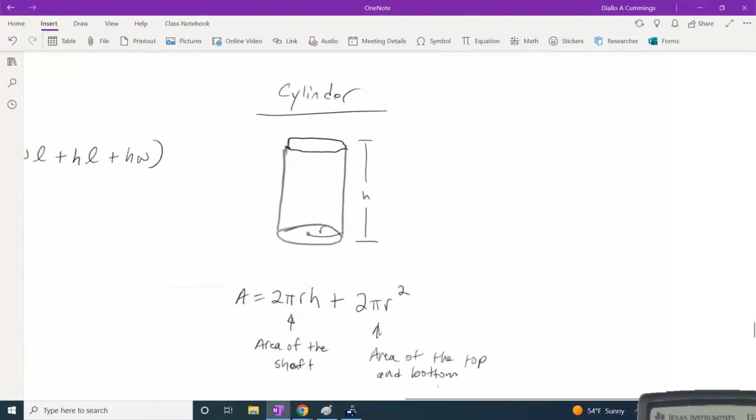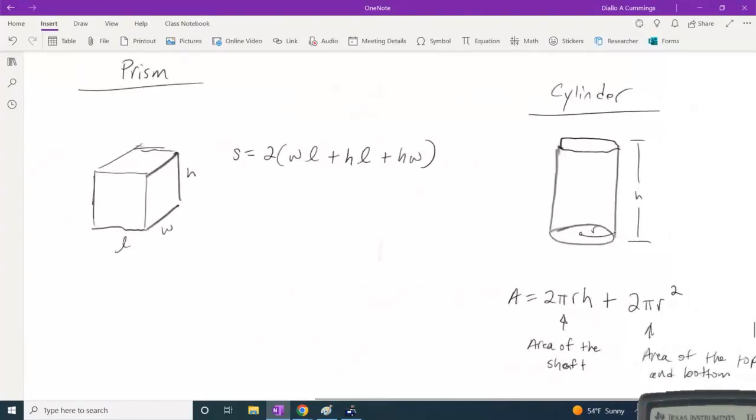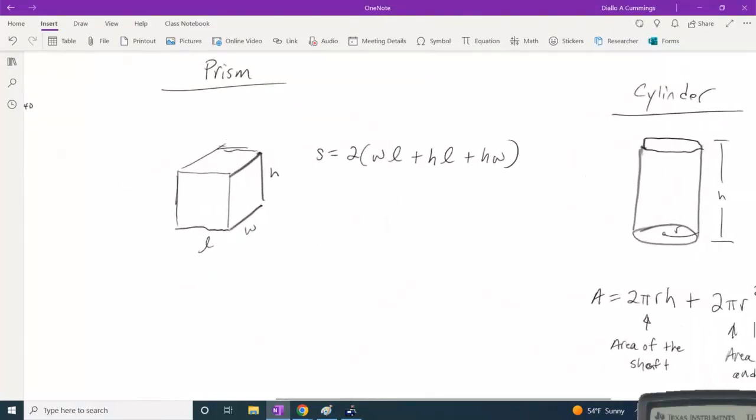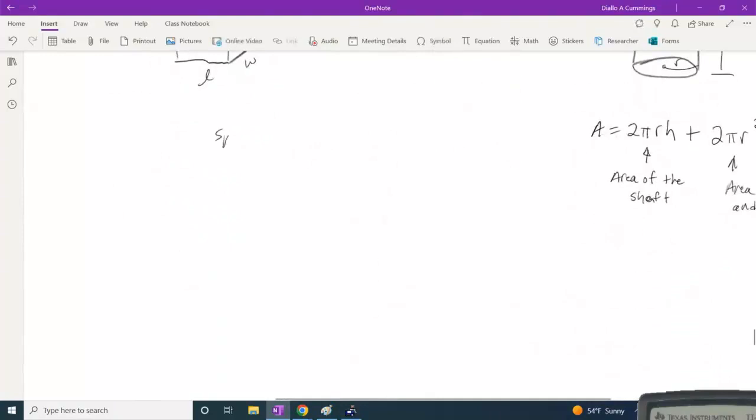And we also are going to look at a sphere. All right, the surface area of a sphere. Then we have a radius r. The surface area is 4 times pi times the radius squared.